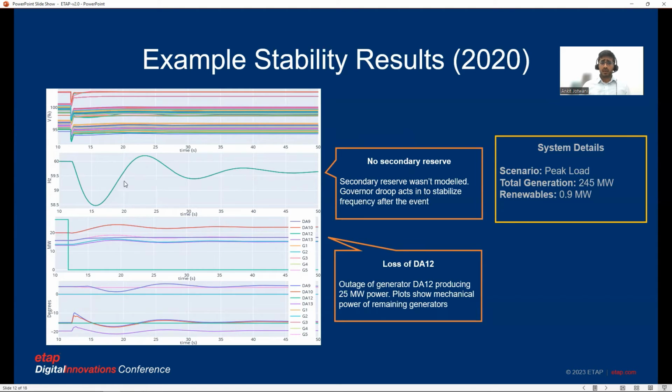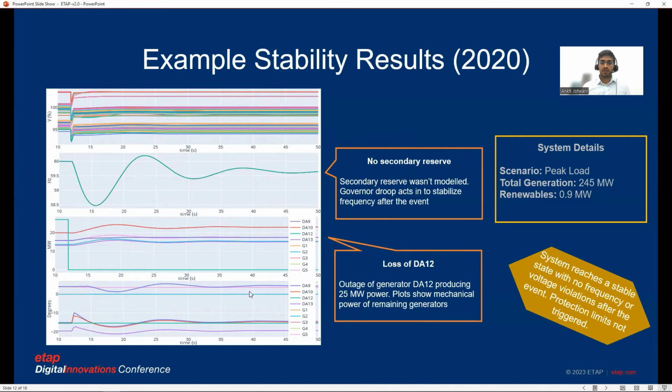The frequency recovery was mostly because of the primary frequency response of the synchronous generating units. In general, there was no stability issue seen. No protection limits were triggered, and there were no frequency or voltage violations for the cases in 2020.